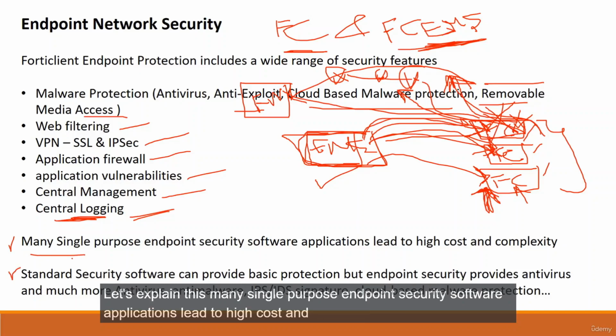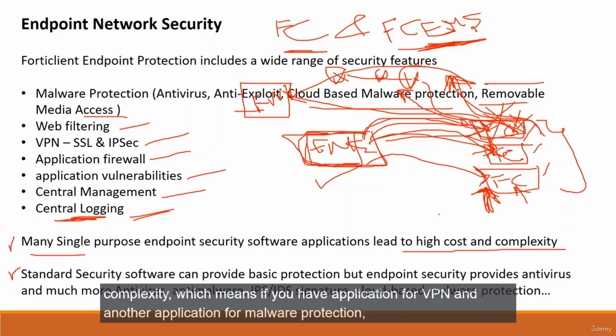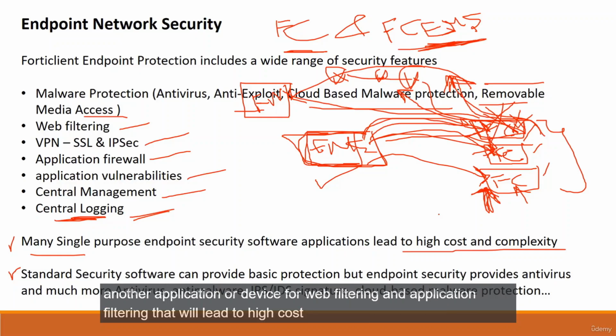Let's explain this. Many single-purpose endpoint security software applications lead to high cost and complexity, which means if you have an application for VPN, another application for malware protection, and another application or device for web filtering and application filtering, that will lead to high cost because you will pay a license for each one and increase the complexity inside your network.